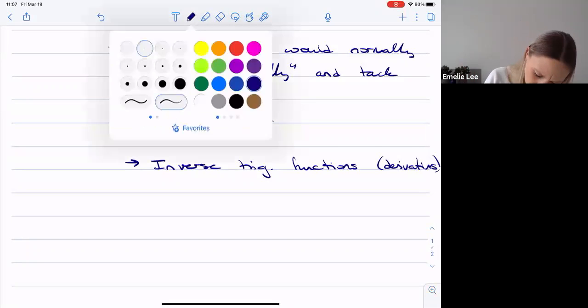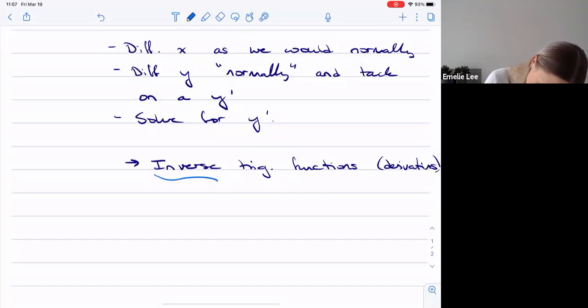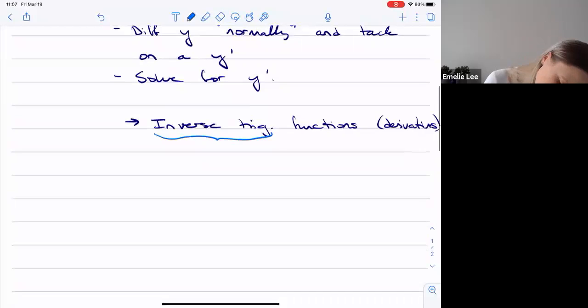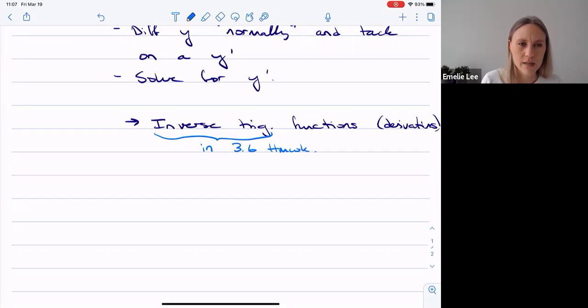I noticed that the homework for inverse trig functions is actually going to show up in the 3.6 homework. So they've bumped it till later, but that's okay. Just in case you're worried because you're not seeing it in 3.5, it'll be in 3.6.